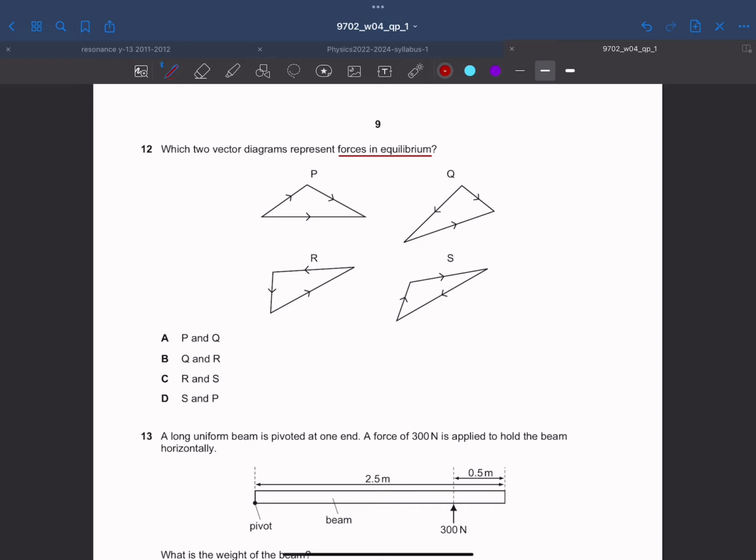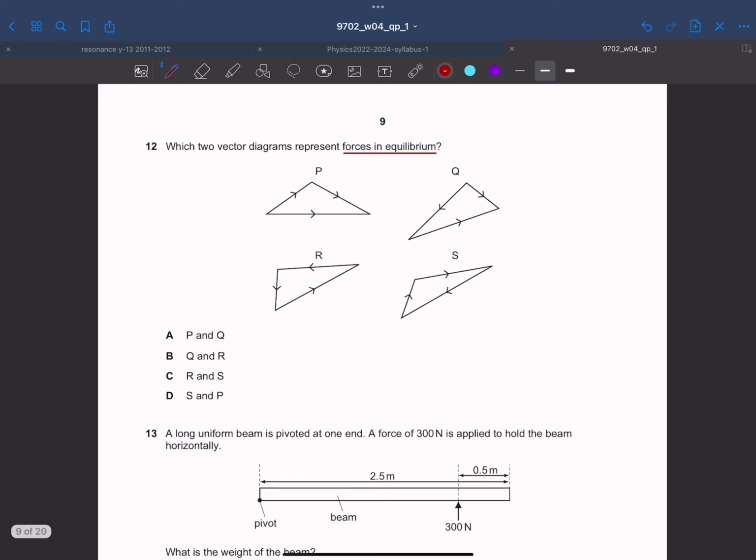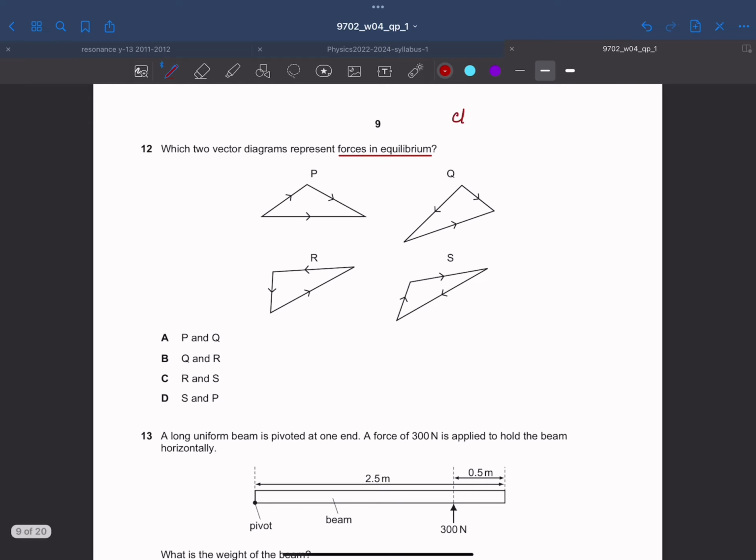But the main point is that whenever you see forces in equilibrium, you have to consider a closed triangle. When the forces are in equilibrium, you can represent forces with the help of a closed triangle. And what does this mean, closed triangle?